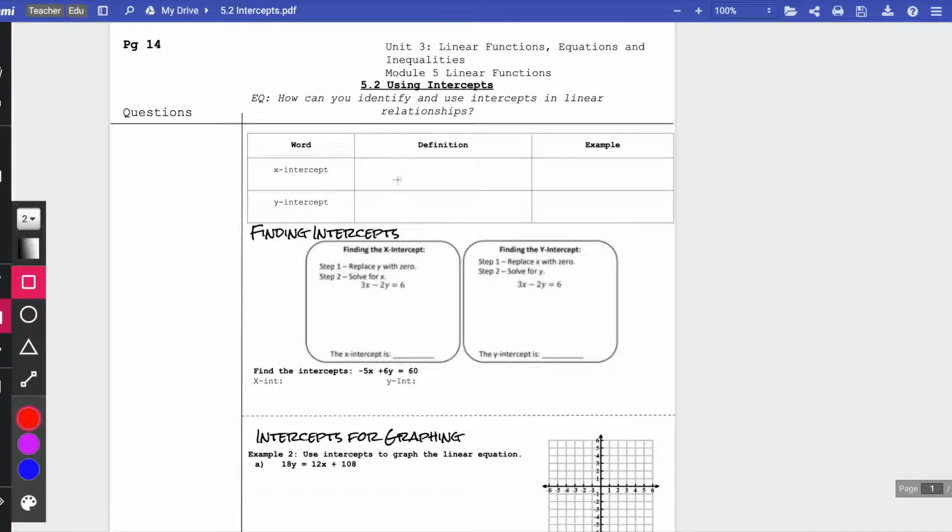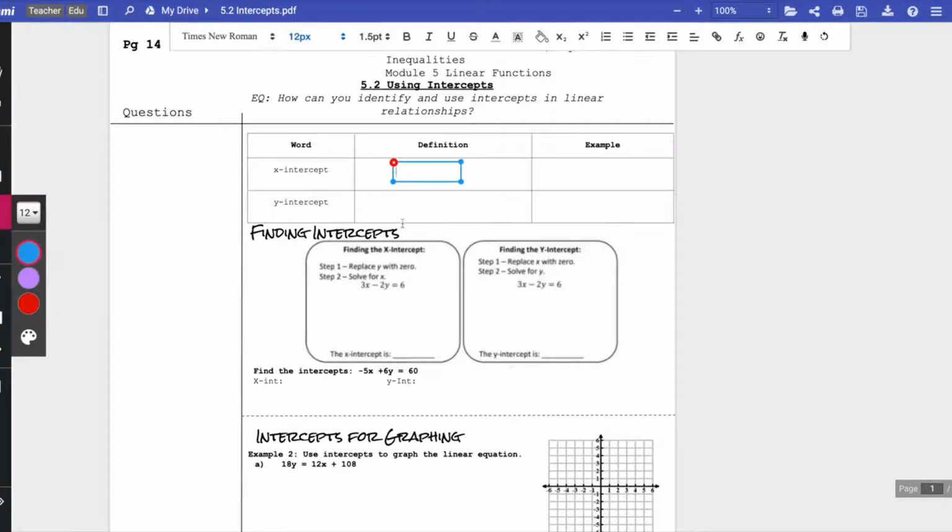So the first step is let's identify what the x-intercept is. And again, we've already talked about this, so hopefully it's familiar. But the x-intercept is just where a line crosses the x-axis. I have a quick graph.